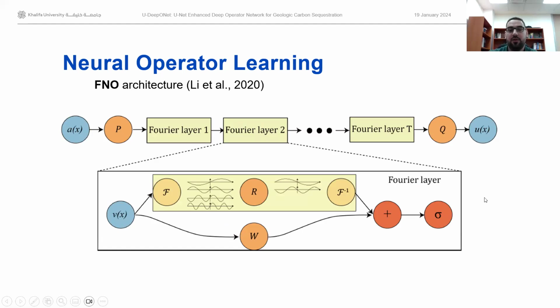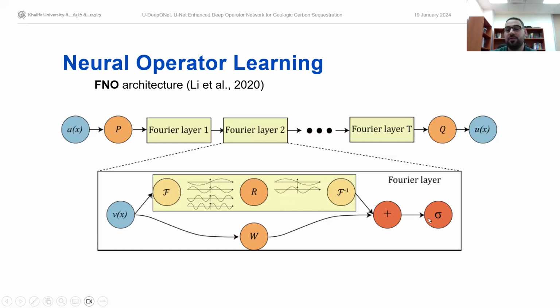This is the FNO architecture, which is basically A of X is the input. You have a shallow neural network to map to a higher dimensional channel space. And then you have the Fourier blocks. In the Fourier blocks, you have the Fourier transform, a weight matrix called R that helps train the Fourier, and then you have the inverse Fourier transform, and you have an additional weight matrix.